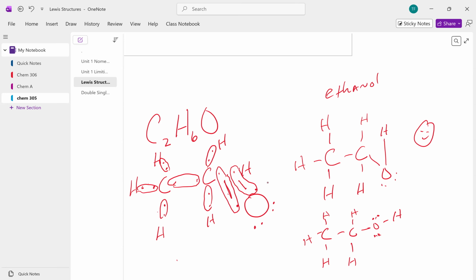So we have 2, 4, 6, 8 for carbon. For the right-hand carbon, we've got 2, 4, 6, 8. This carbon to oxygen. Oxygen needs 8 also, so we have 2, 4, 6, 8. Hydrogen needs 2. 2, 2, 2, 2, 2, 2.